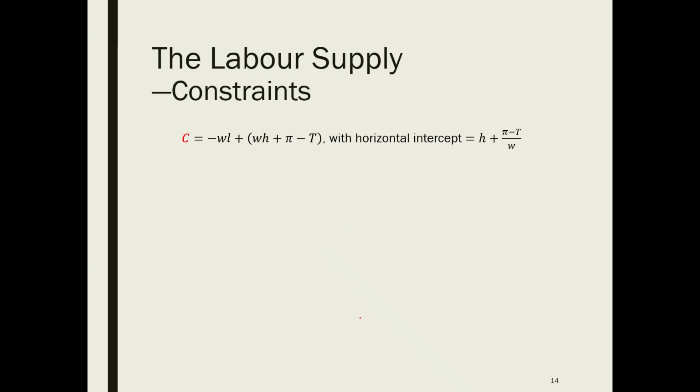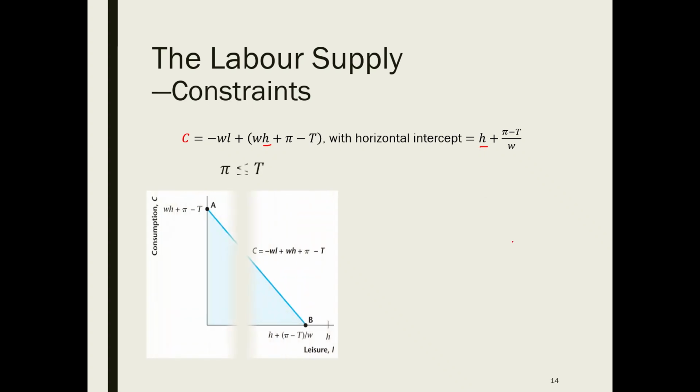We know that time endowment H is exogenously given, so the maximum of leisure cannot exceed H. So there are two possibilities. If profit pi is less than tax T, then the horizontal intercept H plus (pi minus T) over w will be less than H. The constraint is a straight line.